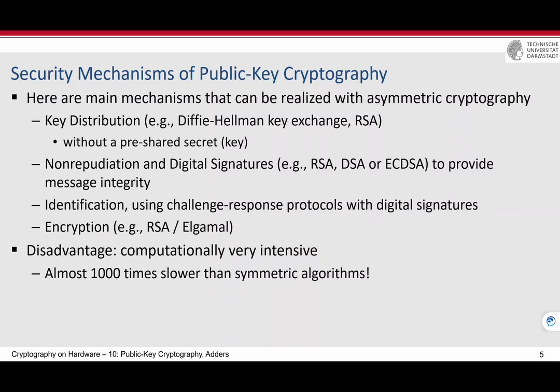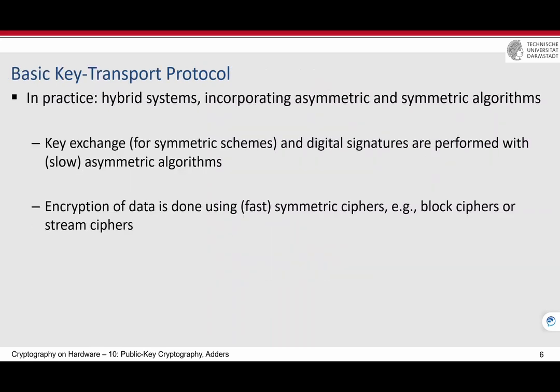The disadvantage of all these schemes is that they are computationally very intensive, almost 1,000 times slower than symmetric cryptography, for example AES, triple DES, and so on. So for the basic key transport protocol, as I said, it is usually super slow.